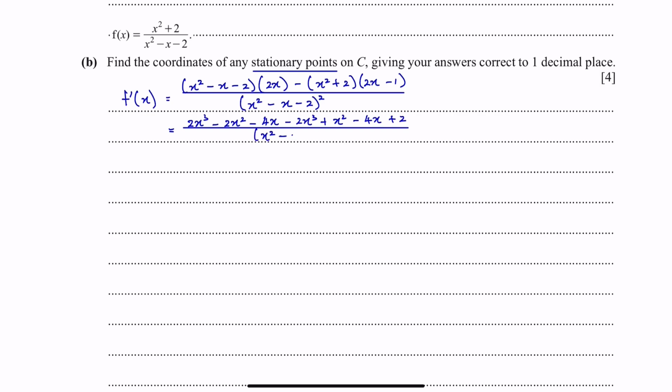In this case, we don't really have to expand the brackets because we will end up equating the whole thing to 0. So this would be negative x squared minus 8x plus 2 over the denominator.